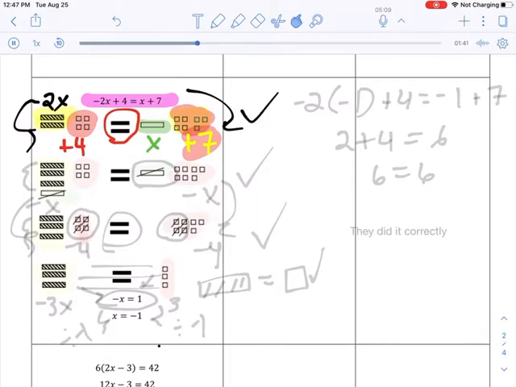Now I want to re-highlight some things. These are our negative blocks. These are our positive blocks. And then these are our ones, representing our whole numbers without an x, or constants.